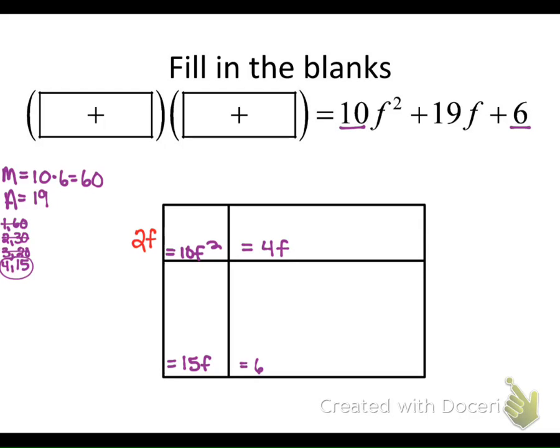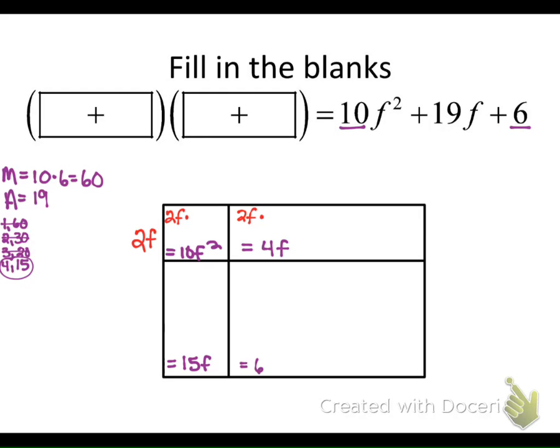The greatest common factor, if you remember from last week, becomes our height. So for my top row, that's the only place I'm focused on right now. I know my height and I know my area. So I'm going to have 2f times something, because now I'm ready to find my width.